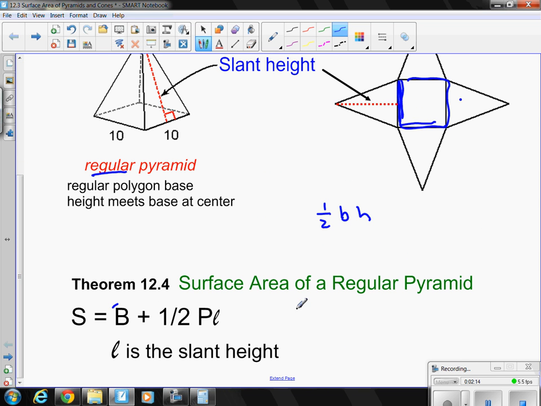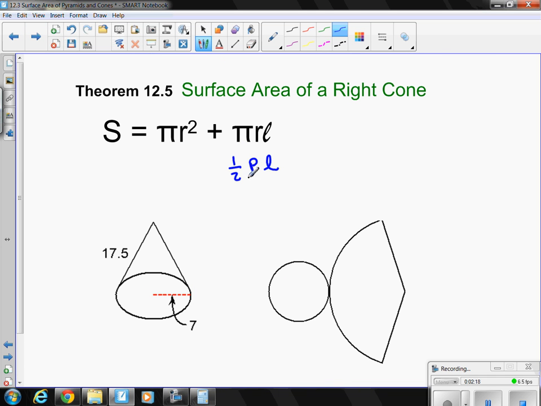Cones aren't polyhedrons, so it's not the same formula, but this is just more specific. And the perimeter of a circle is 2 pi r. So when you take 1/2 times 2 pi r, these things cancel. Oh, that's supposed to be an r. And you get the pi r L.